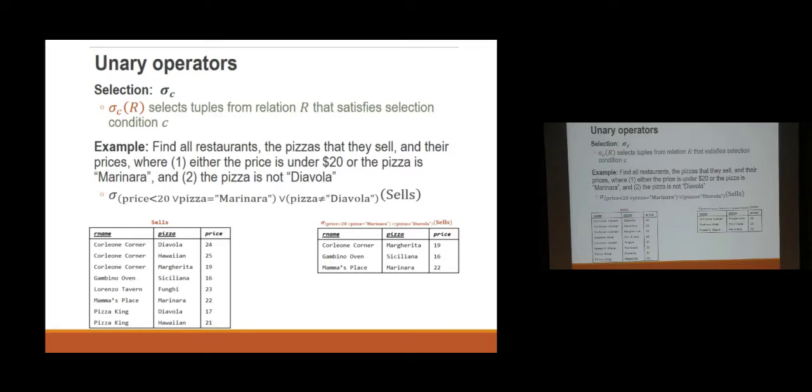The first part of the condition, this is condition number 1. The price is under 20, and the pizza is marinara. Now what is wrong is that this one should be this. Okay? Should be and instead of or. And yeah, and the pizza cannot be diavola.